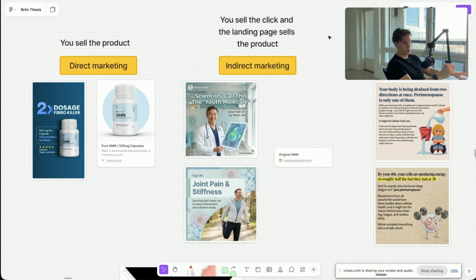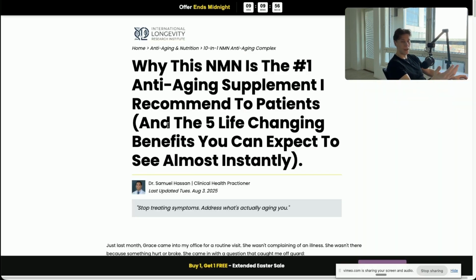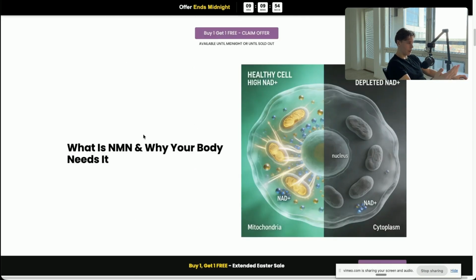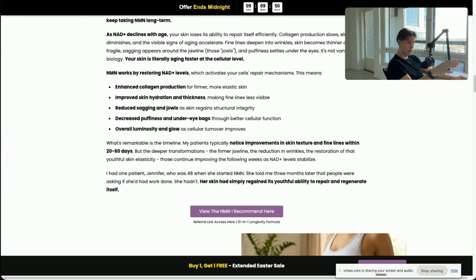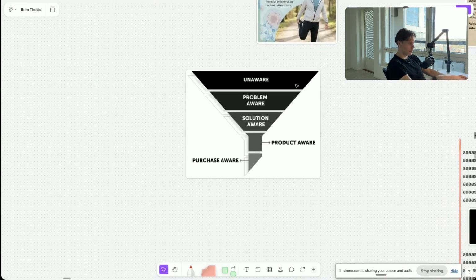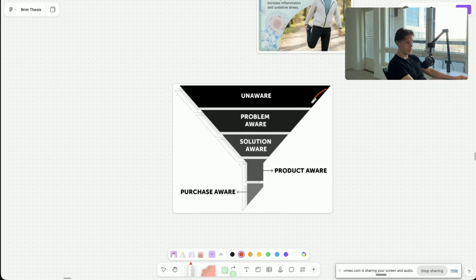This is so much better because now you can target that unaware audience, the problem aware audience. And once they read this, they're automatically going through these aware stages to the end when they are most aware, or in this case, purchase aware.